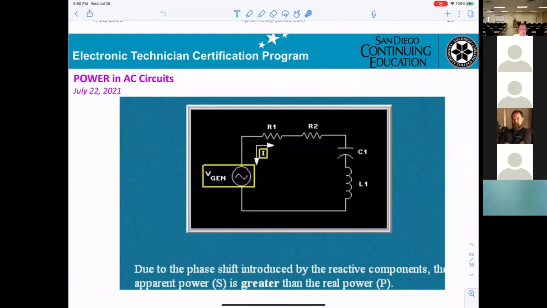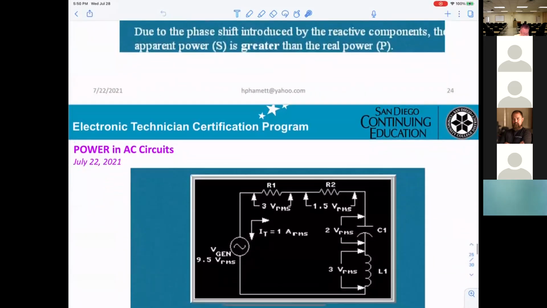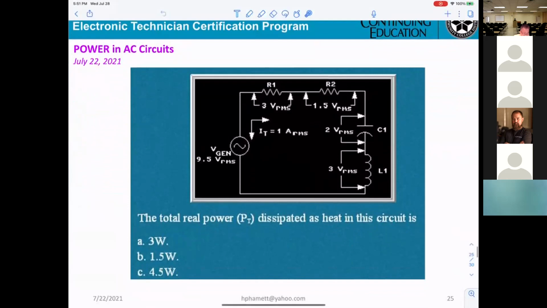That tells you how come the apparent power is more than the real power. The thing is they have a phase shift difference.